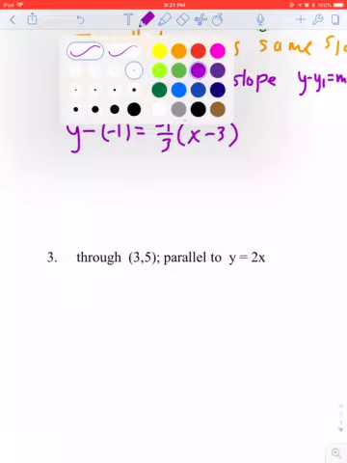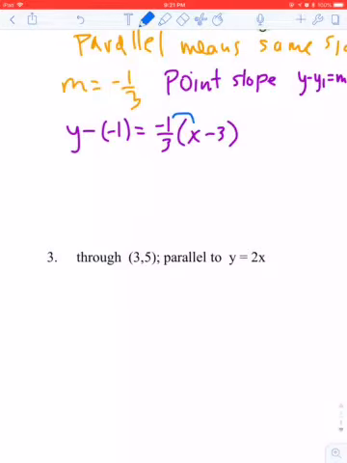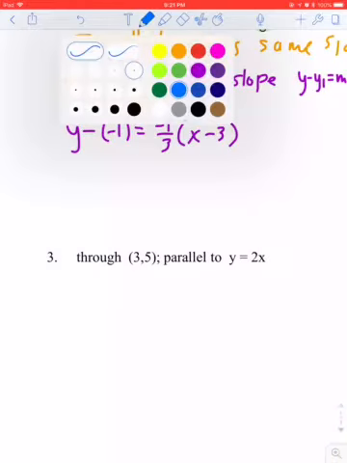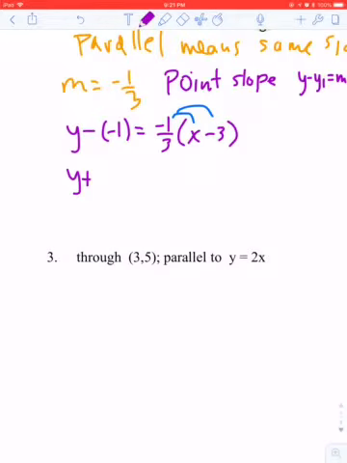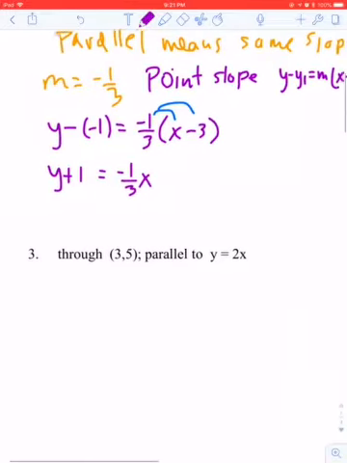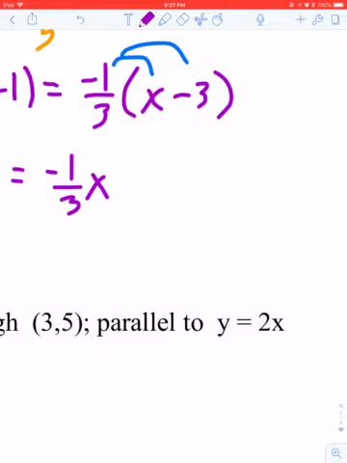So first thing I need to do is distribute and clean up the y. So that's y plus 1 now is equal to negative 1/3 times x, that's just negative 1/3 x. And then negative 1/3 times negative 3. So remember when you're multiplying fractions, the negative is going to become positive. So I have 1 times 3 over 3.